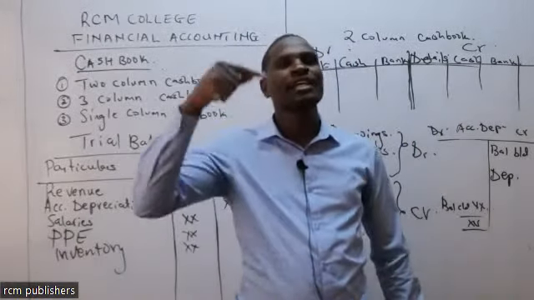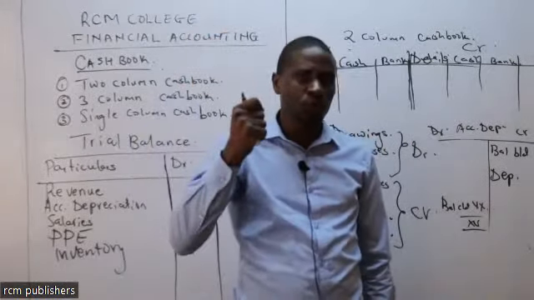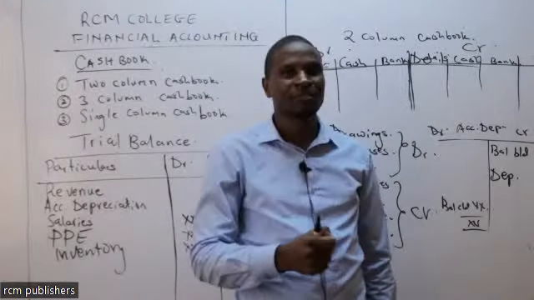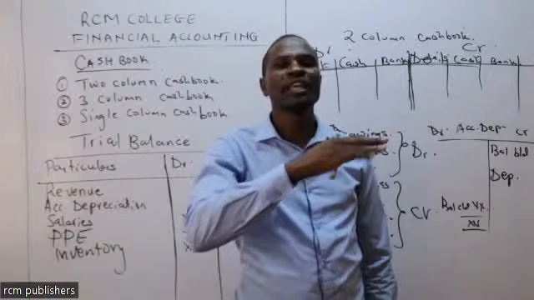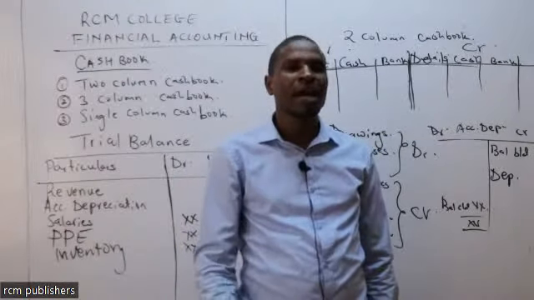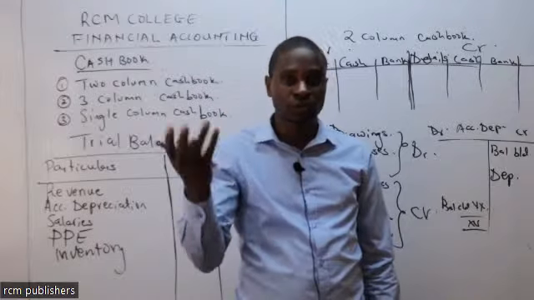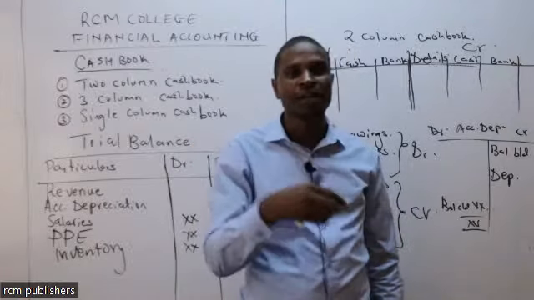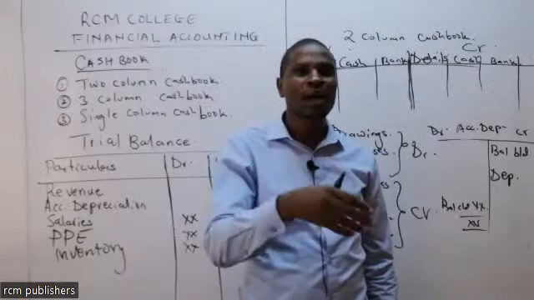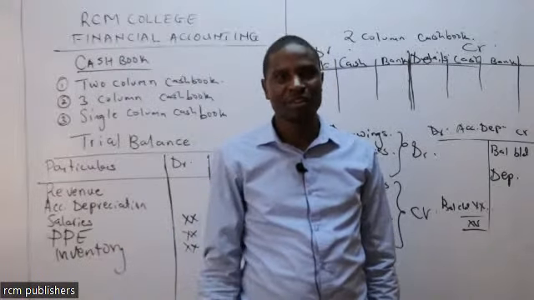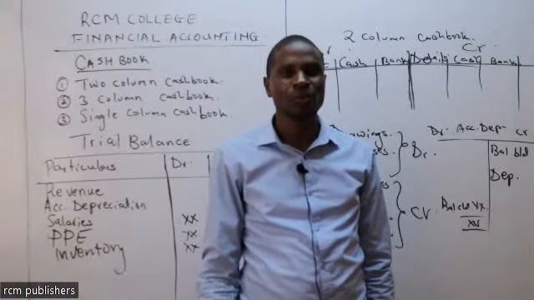And that now takes me to show you a very critical area. Something that you'll never miss in your paper. I want to direct you and to show you how you use things like returns inward, carriage inward, carriage outward, returns, how do you treat those things as you prepare your income statement, which are very important.